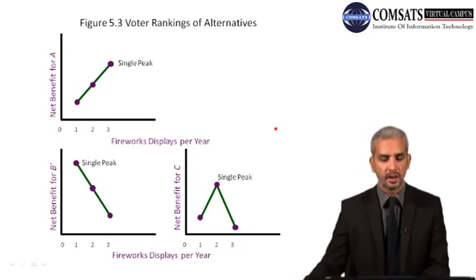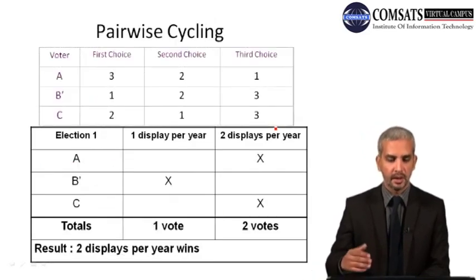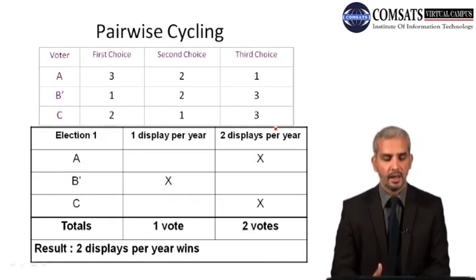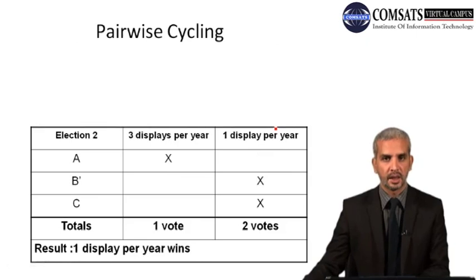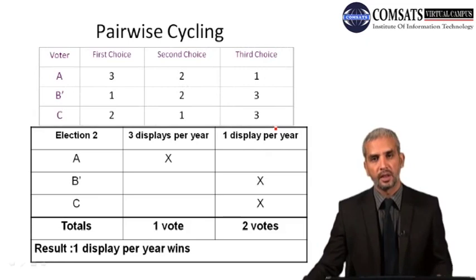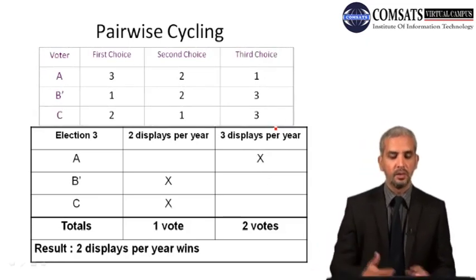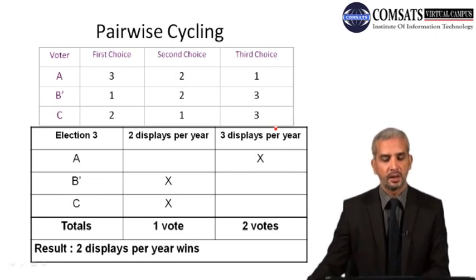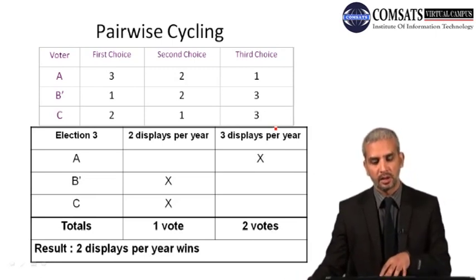In the presence of this single peaked preference, we did the pairwise voting again. In the first election there were 2 displays per year. In the second election there was 1 display per year, when we compared 3 and 1 display per year. In the third case it was again 2 displays per year, where the choices were 2 and 3 displays per year.